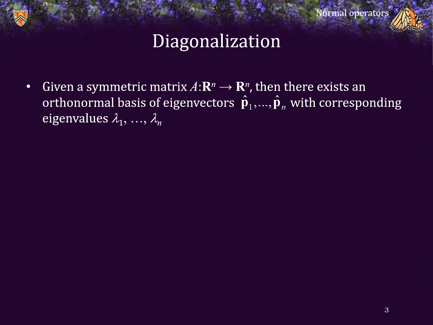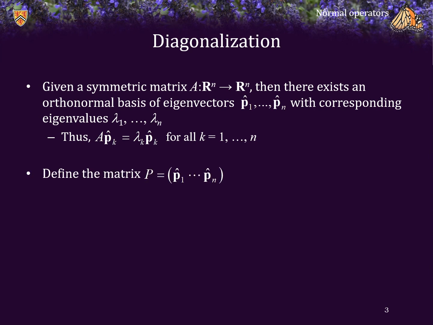All right, so we have these n eigenvectors that are orthogonal and normalized, and they correspond. Thus, A applied to the kth eigenvector is equal to lambda k times that eigenvector for all k going from 1 to n.